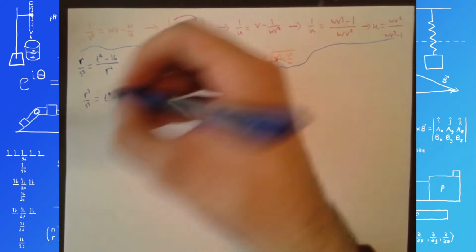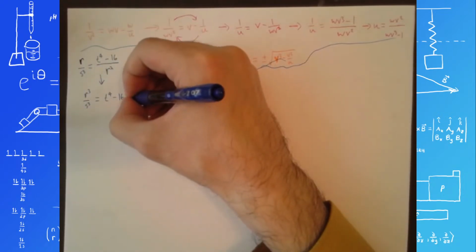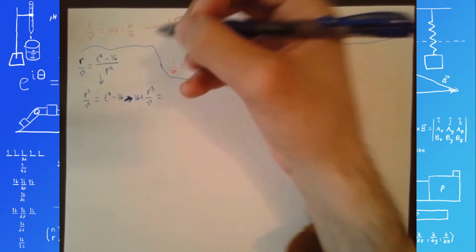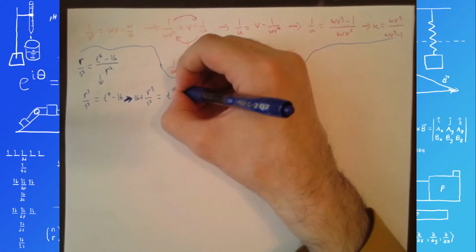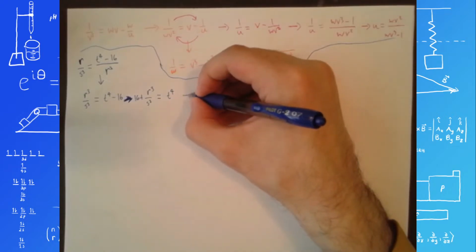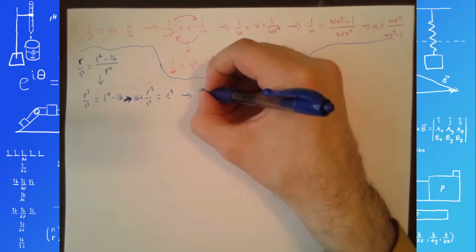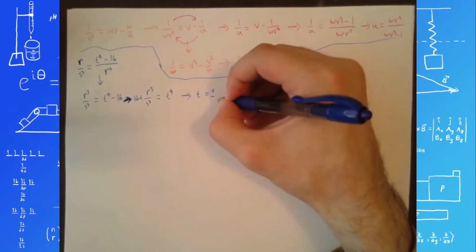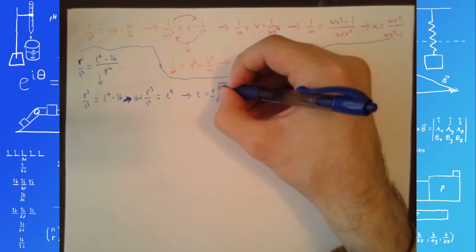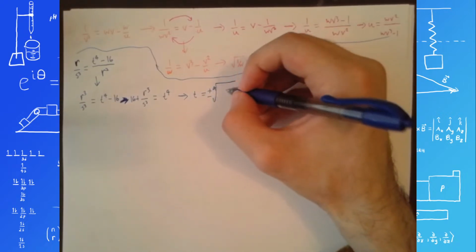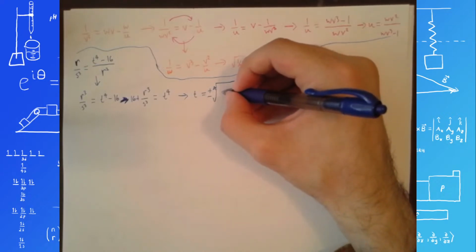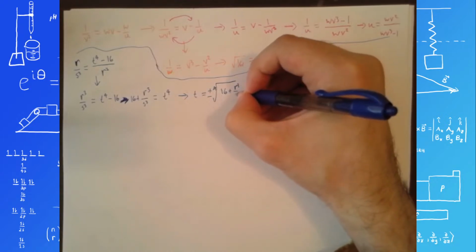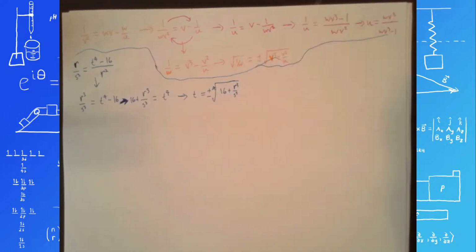Arrow, and an arrow here, and an arrow there. Equals t to the fourth, and then t is simply plus or minus, because it's an even-powered root, plus or minus the fourth root of 16 plus r cubed over s cubed. Okay, that one wasn't too bad. Fairly straightforward.